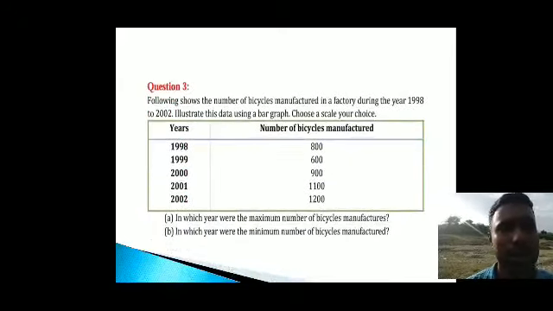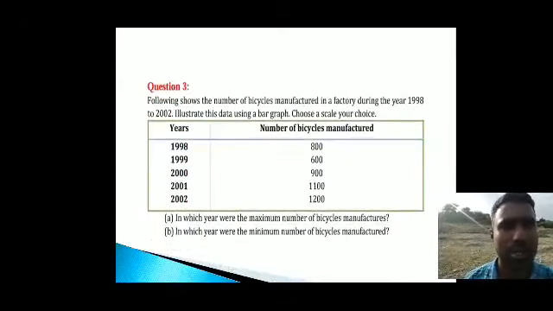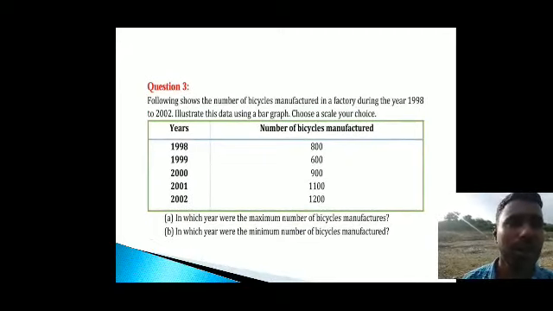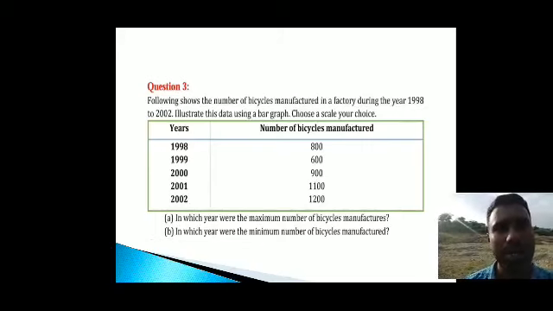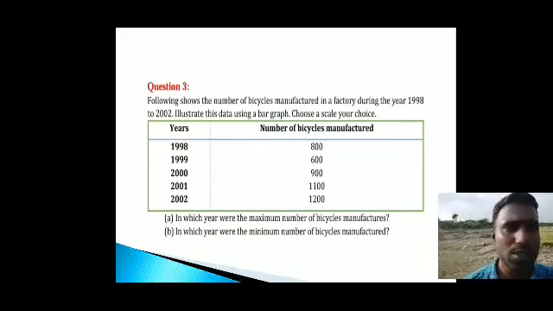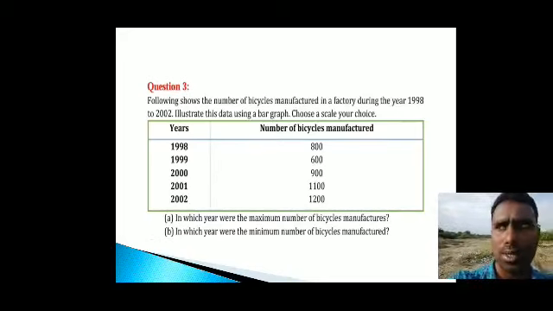See question number 3. What is that? The following shows the number of bicycles manufactured in a factory during the years 1998 to 2002. So illustrate this data using a bar graph and choose a scale of your choice.